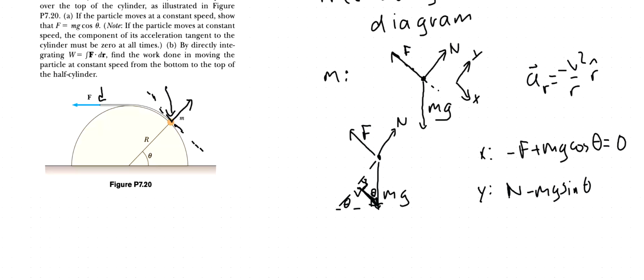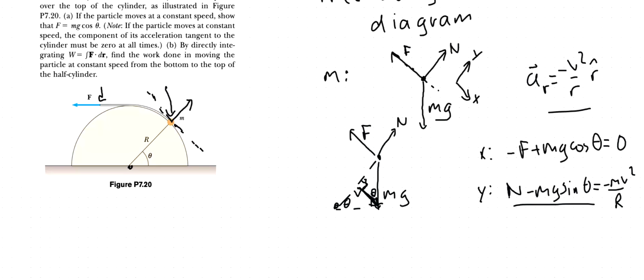So it's towards the origin, and we are assuming that this point here, or alternatively, this point here, is the origin. Based on this, we can write that this is minus mv squared over, sorry, I wrote this with a small r, that's the radius. So this is a generic expression for any circle you want. For our particular circle, the radius is capital R, so we have to write it like this.